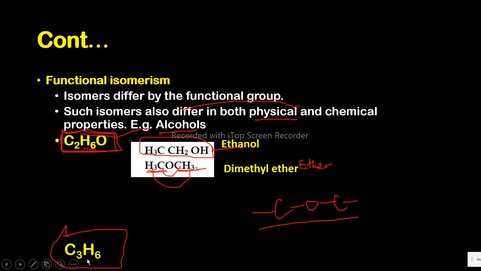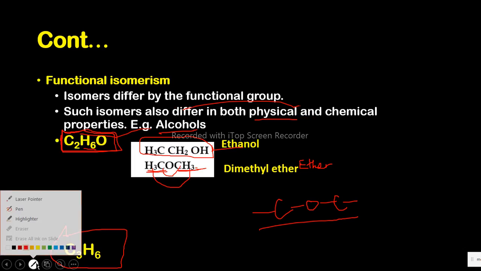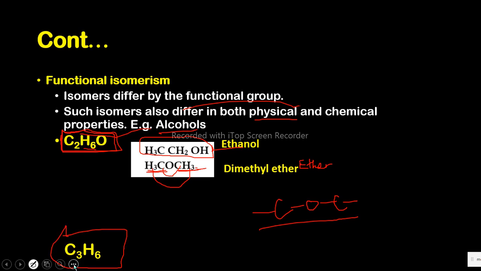So it is C3H6, and this is an alkane. You see, if you write C, if you put 3 hydrogens here and 3 hydrogens here, already 6 are covered. Then where do we get the balance? The 2 here. So therefore this one becomes an alkene.